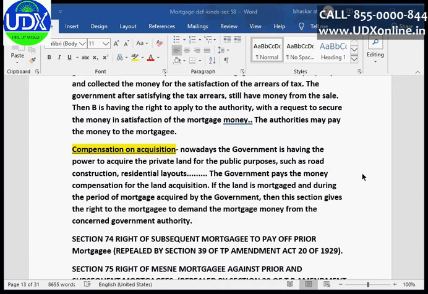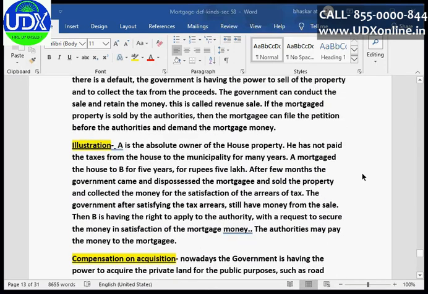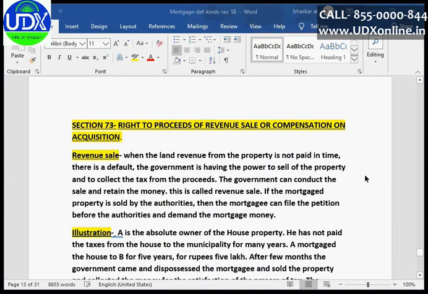So, Section 73 gives the right to the mortgagee when the property has been lost due to the revenue sale, or when the property has been acquired by the government for public purposes.